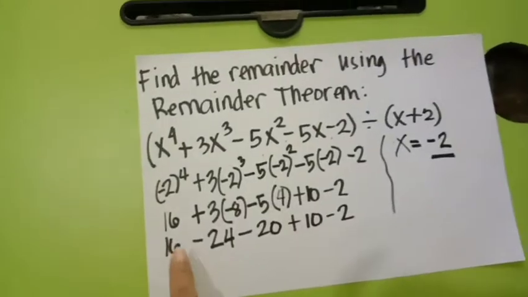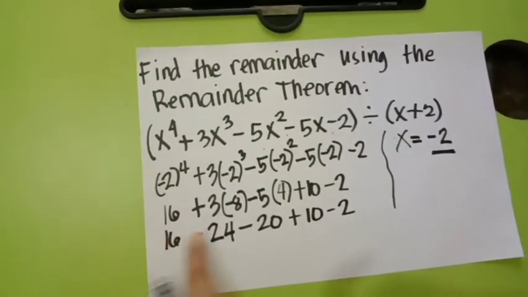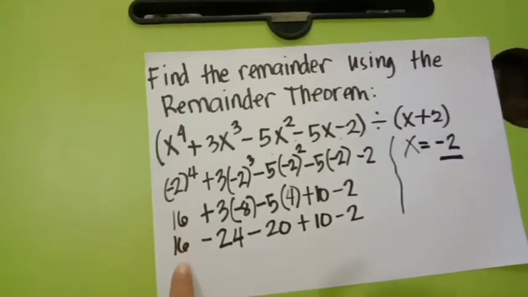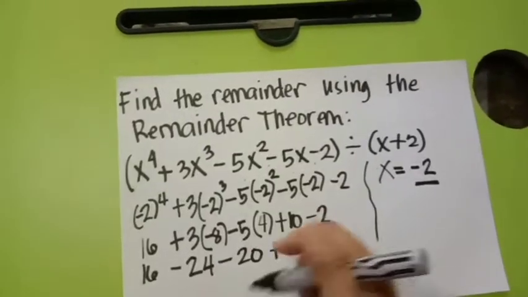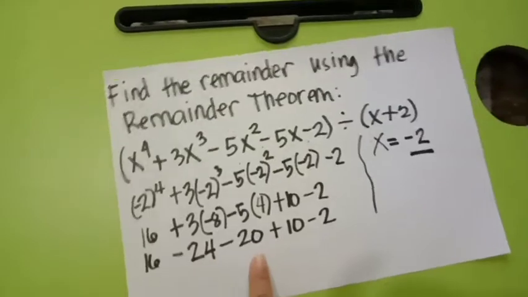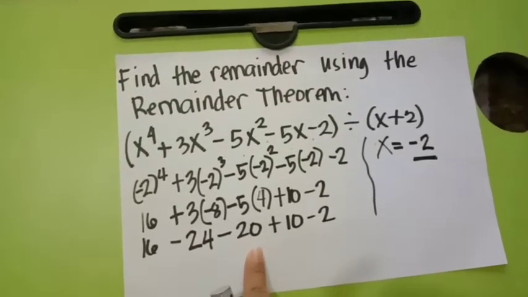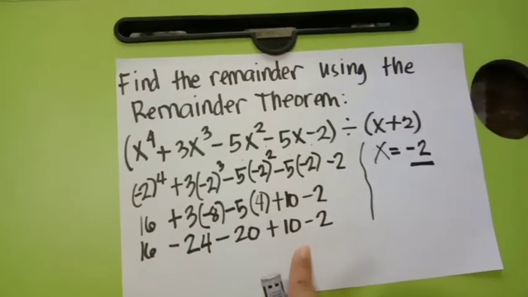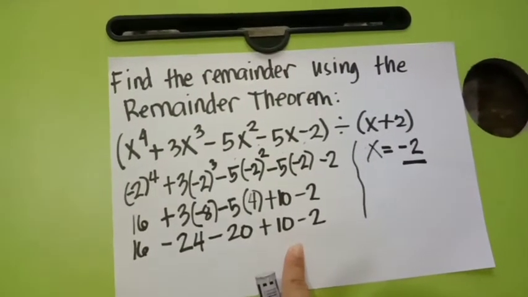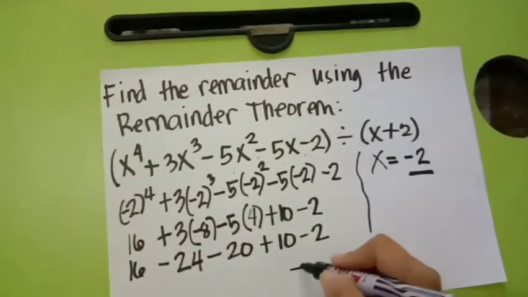Then, perform addition or subtraction from left to right. 16 minus 24, negative 8. Then negative 8 minus 20, negative 28. Negative 28 plus 10, negative 18. Negative 18 minus 2 is negative 20.